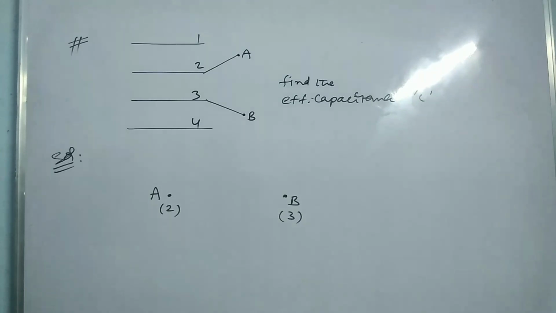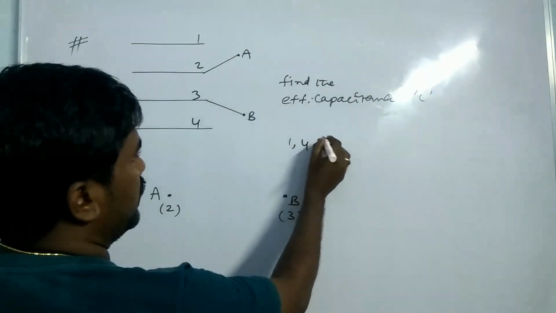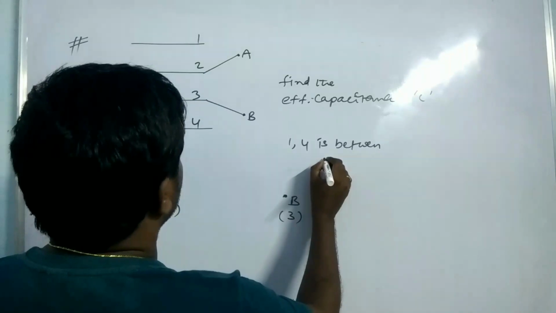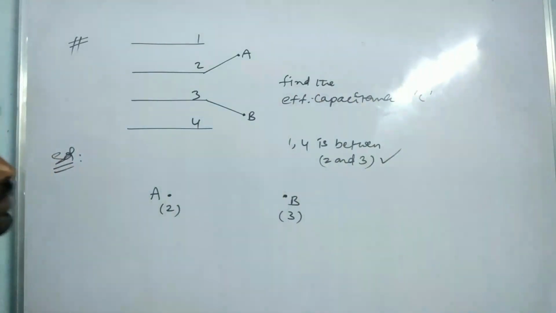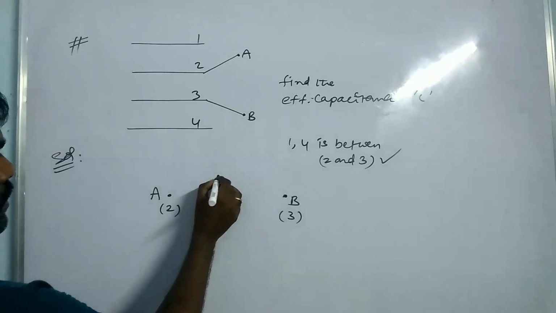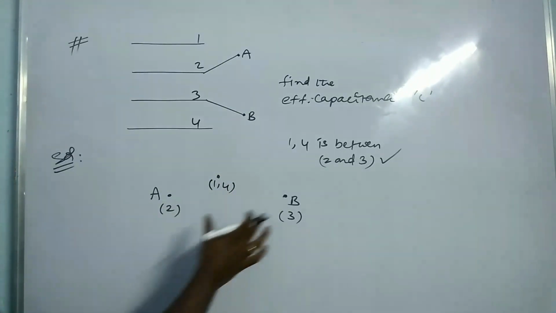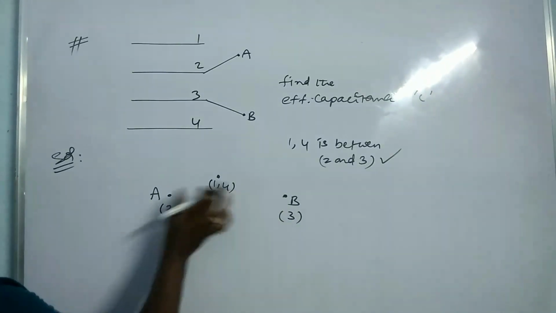Here 1 and 4 are there, between what? Between 2 and 3. This is the point you have to remember. So choose that 1 and 4 are between A and B, 2 and 3. Between 2 and 3 there is 1 and 4.